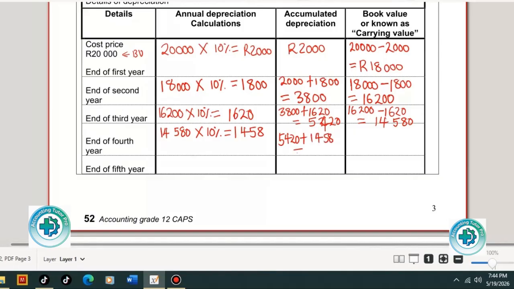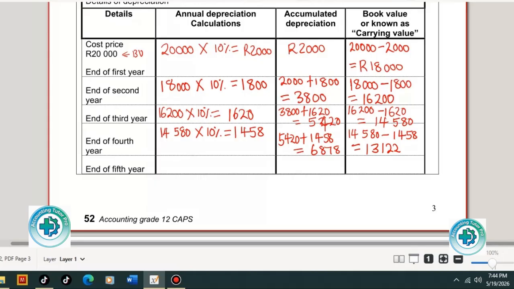The amount that you get is 6,878. Then the book value at the beginning of the year, subtract the depreciation that was calculated, 1,458. If you do the calculation, it gives you the amount of 13,122.